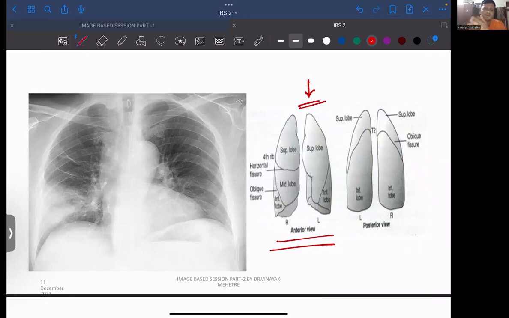COPD patient, most common organism causing pneumonia. Anyone? In COPD, who causes it? In burn patient, most common organism causing pneumonia.